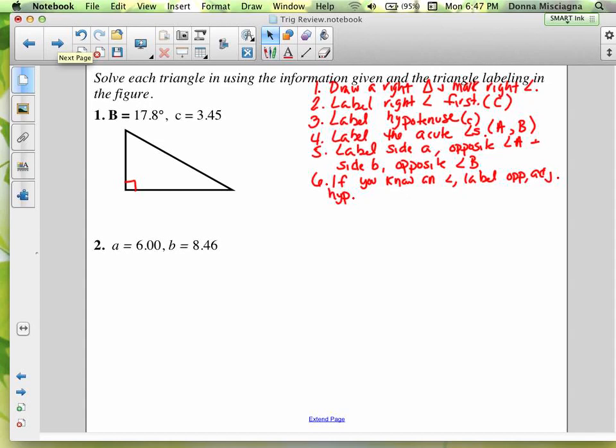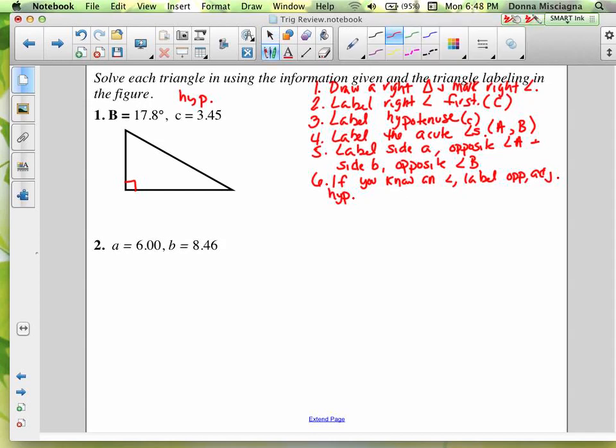And by the way, in all of our examples, C is always going to be the hypotenuse. If you don't know who the hypotenuse is, it's going to be really hard for you to label. So in every example, C is the hypotenuse. And in your homework, it'll say C is the hypotenuse. It said it here, but I cut that part off because I just wanted the problem. So C is opposite the right angle.